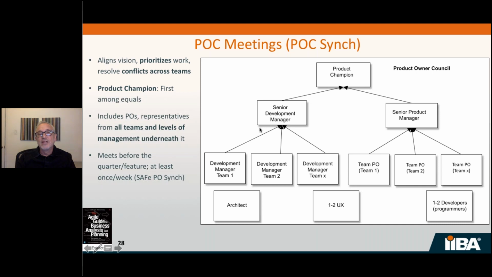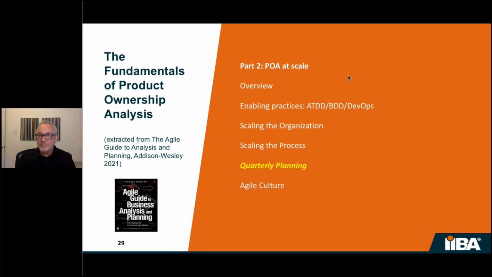And there's a senior development manager who is across all of those teams within that group. And should a senior development manager and the senior product manager not agree about, let's say, which types of stories, technical versus feature stories, should be prioritized, the product champion then has the final say.